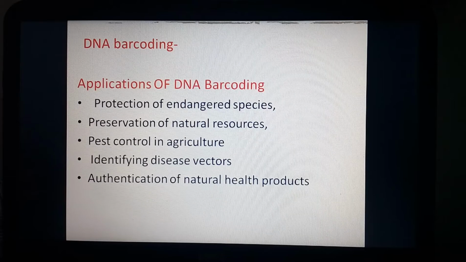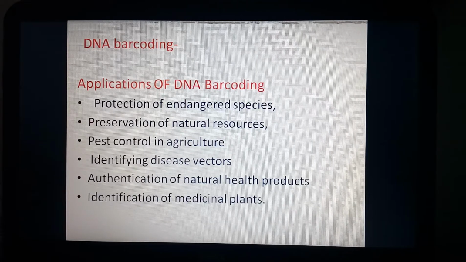It helps in authentication of natural health products and identification of medicinal plants, as DNA barcoding gives us an idea whether a plant has some medicinal importance or not. So this is all for DNA barcoding.